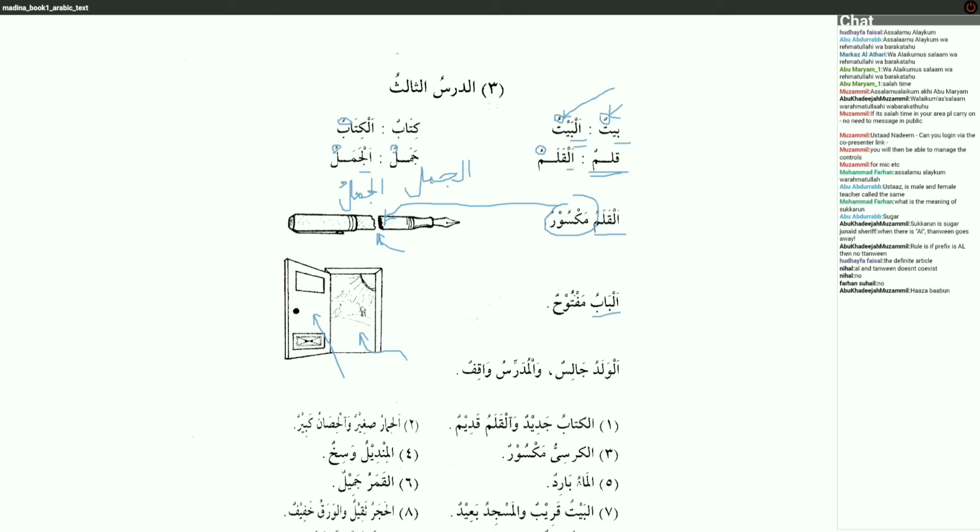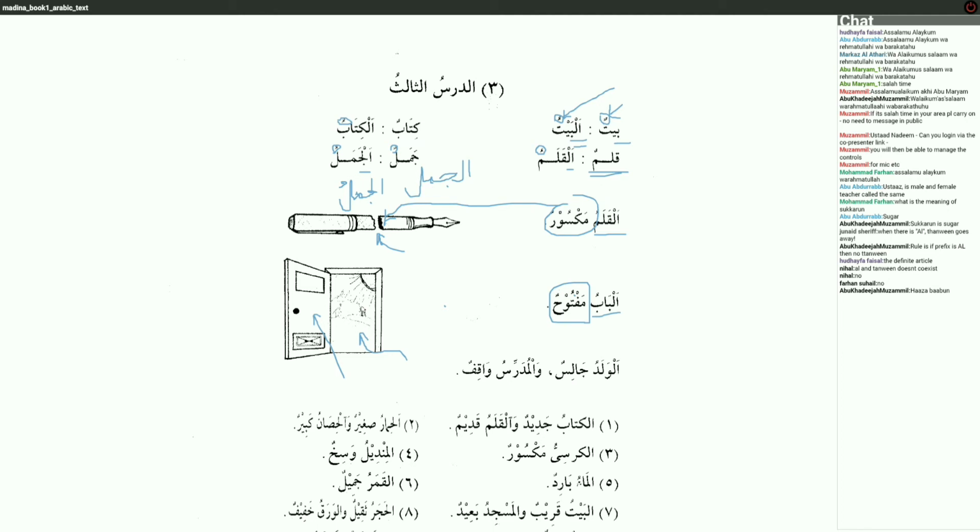Al-babu maftuhun. Good. Maftuhun. Okay, don't mix up this word maftuhun with the word that you had in the first lesson. Yes, miftah. Don't get mixed up.